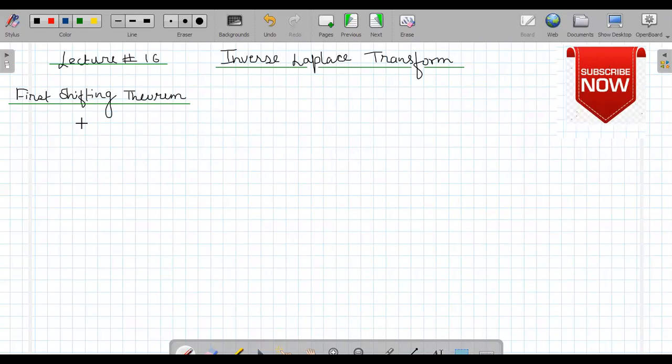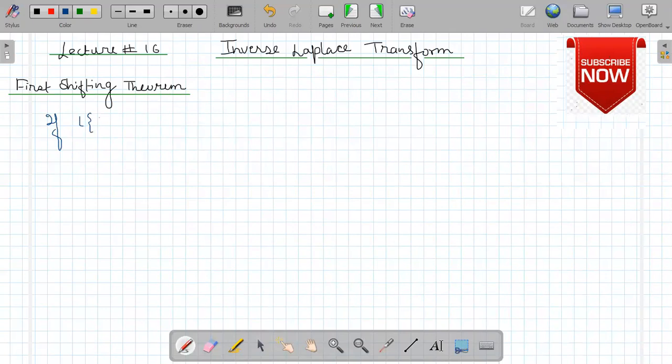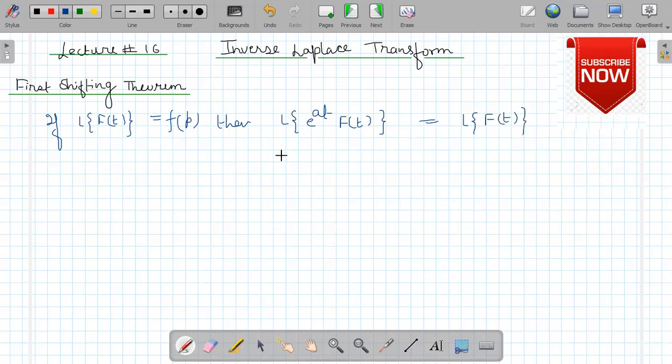Let me first recall you the first shifting theorem for Laplace transform. What was that theorem? If Laplace transform of f(t) is equal to f(p), then Laplace transform of e raised to power at f(t) will be equal to Laplace transform of f(t), where p is replaced by p minus a.